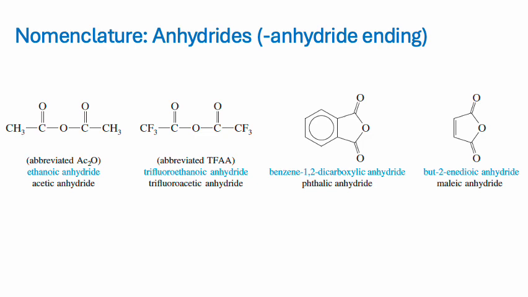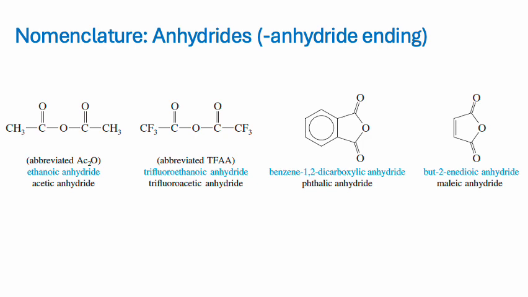When it's cyclic like this, we don't necessarily mention the cyclic part anywhere in the name. Benzene 1,2-dicarboxylic anhydride, and we assume that because it's an anhydride and it's connected to carbons 1 and 2, it must also be connected at the oxygen, because that's what an anhydride is.